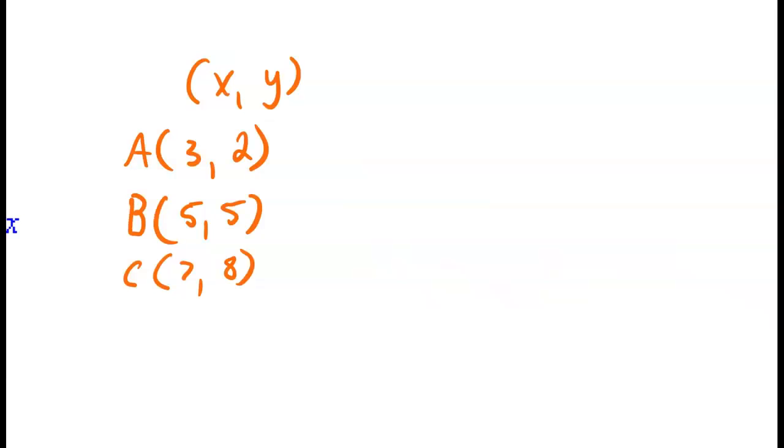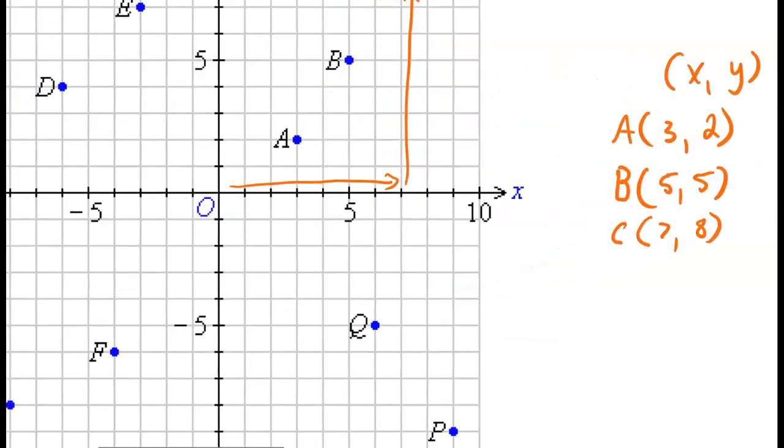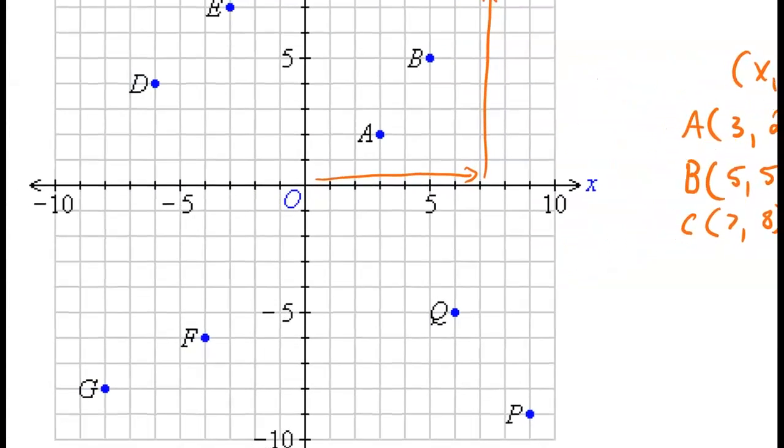Now for A, B, and C, we've been working with positive numbers, but now we're going to look at point F to see what happens for negative numbers. So we're going to move over to the graph again and find point F. The first thing is you start at your origin, and we're still doing our x first. So we move over to -4.